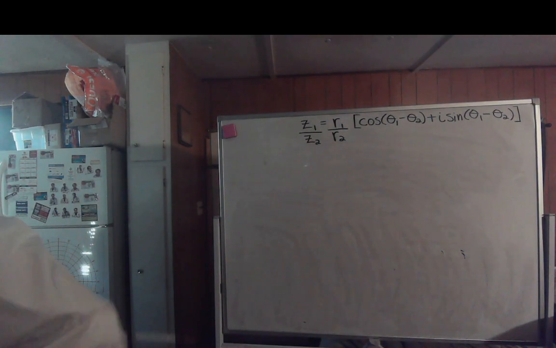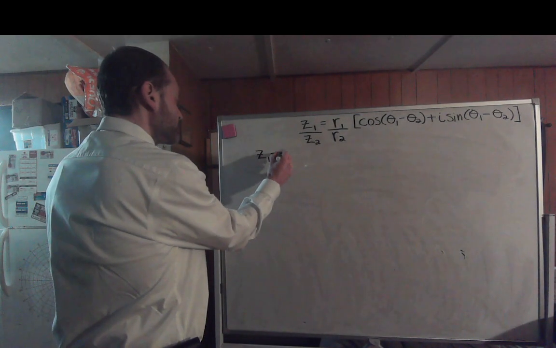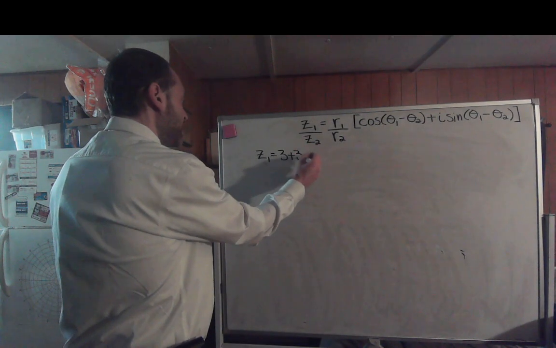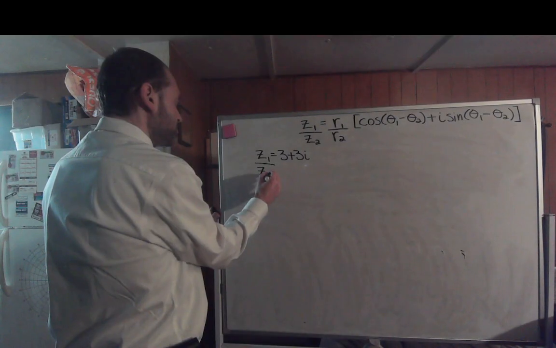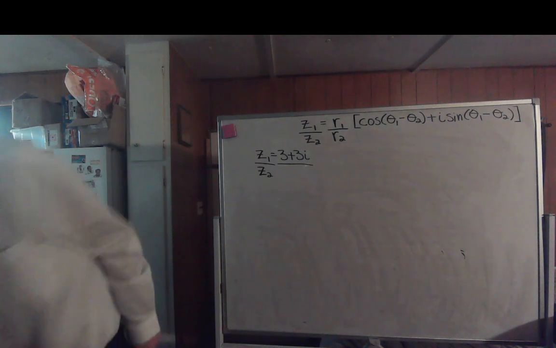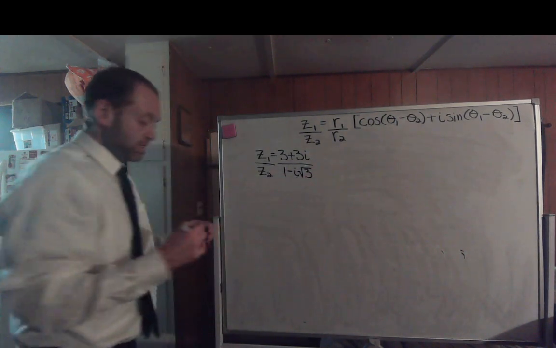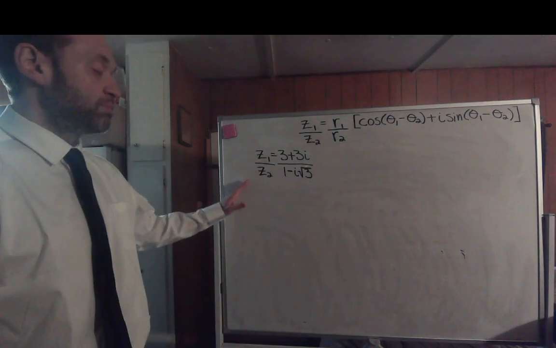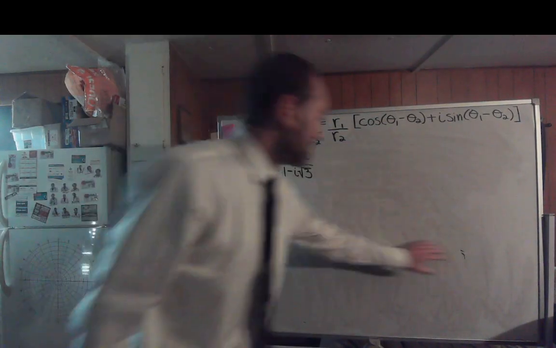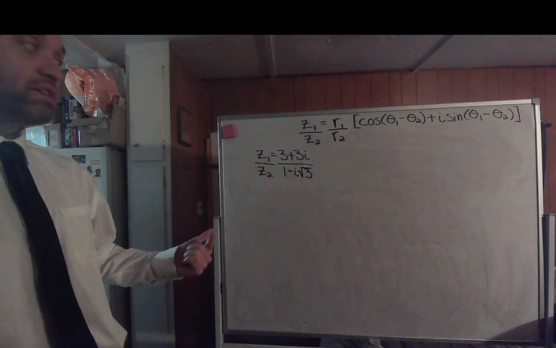So let me go back to the page. All right. So we're given z sub 1 equals 3 plus 3i divided by z sub 2, which is going to be 1 minus i times the square root of 3. So we're going to divide these two complex numbers. Well, first thing, just like we need to do with multiplication, is find your r's and thetas for each of these.